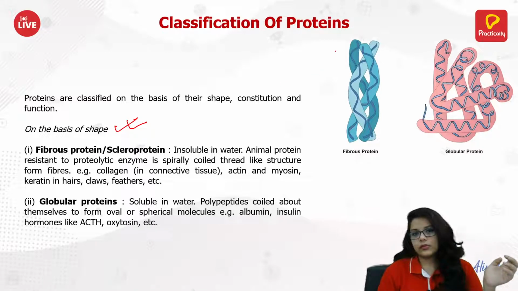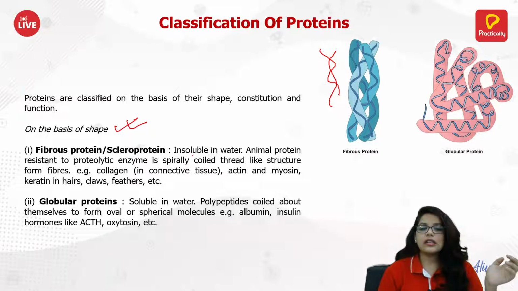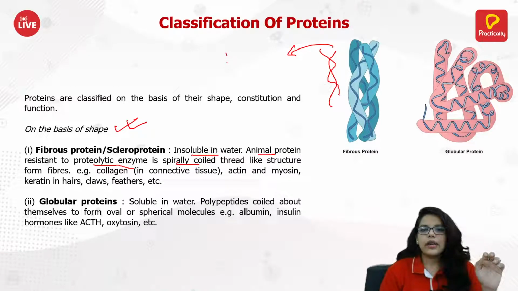See here, this is fibrous protein. These are insoluble in water. Animal proteins are resistant to proteolytic enzymes and are spirally coiled, such as hair protein, keratin. So hair protein or keratin looks like this.